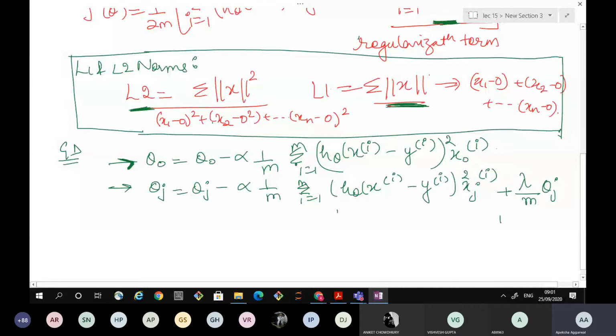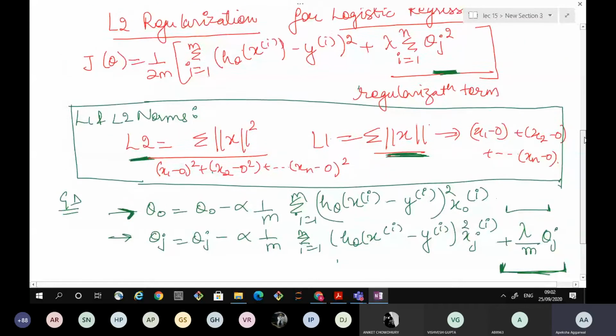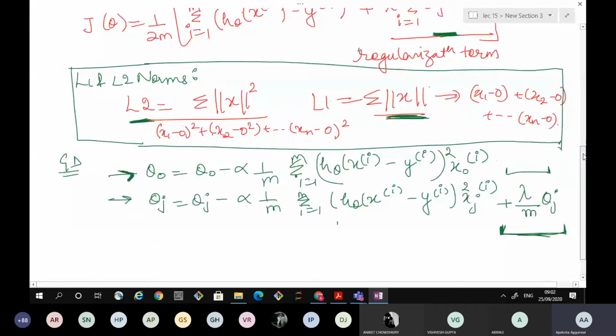Now where is this lambda by m theta j coming from? Over here for the 0th parameter I have not written this term because theta naught is part of the hypothesis, which is in the form h theta x equals theta naught plus theta 1 x1.